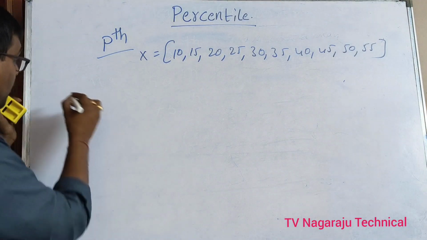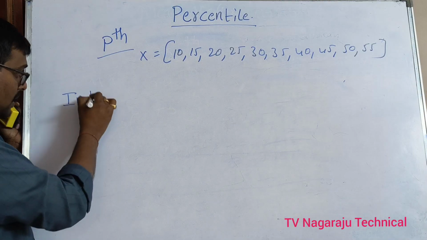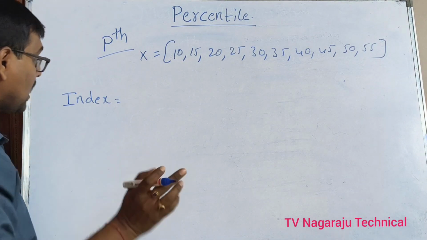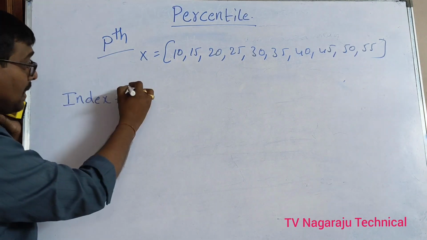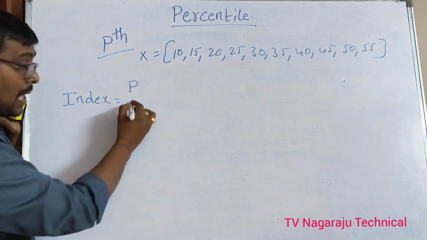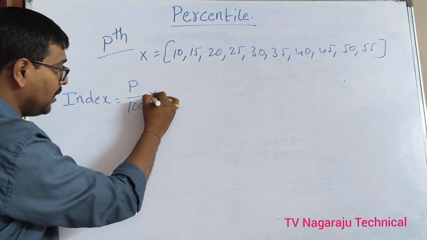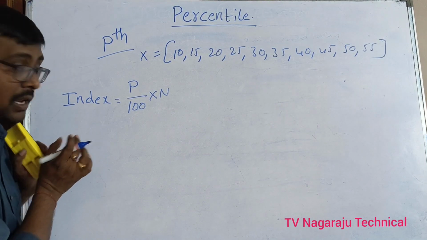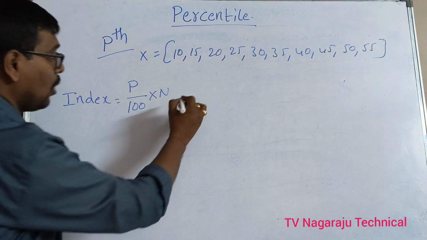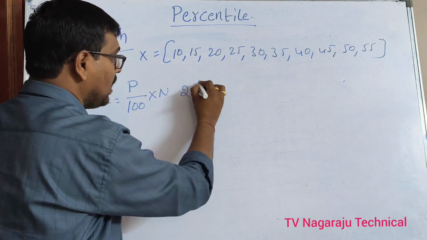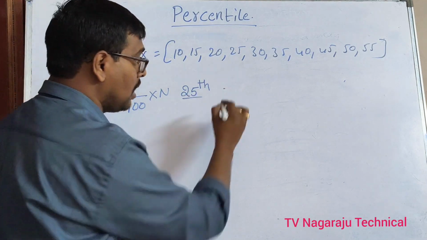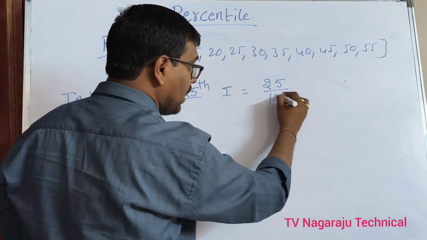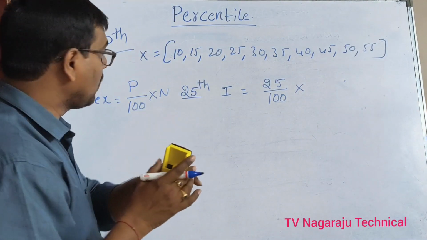Now how? For that, the formula is: in the sorted data set, the index for the pth percentile is p by 100 into the number of elements. Right now, I am calculating the 25th percentile. What is the index? 25 by 100 into the number of elements.